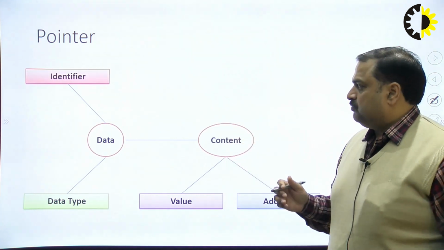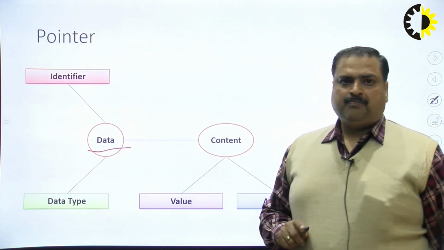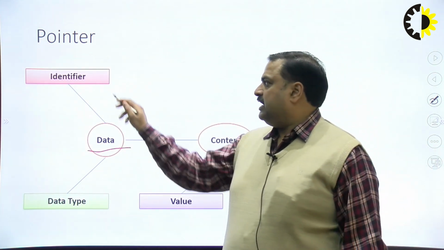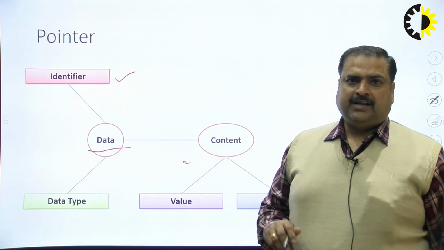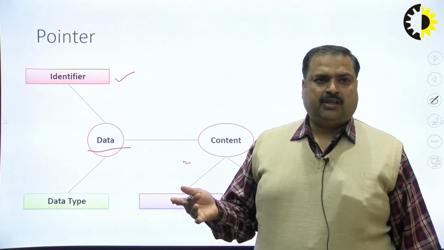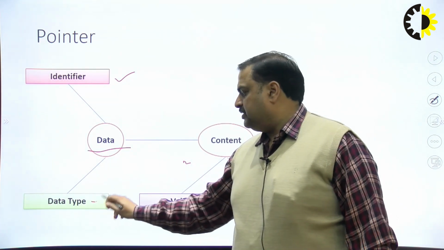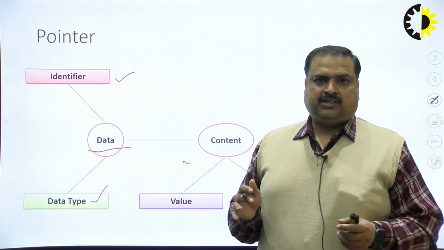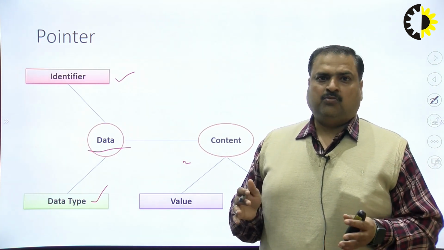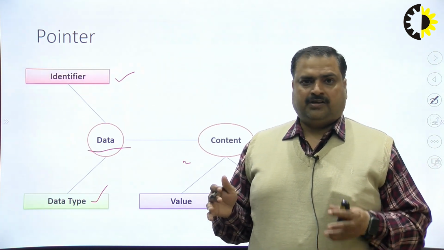So, what do we store? We store some kind of data into the memory. Every data has some identifier associated with it. Identifier is just the name given to that particular data, and a data type is also associated with the data, because this data type will decide how much memory will be required for that particular data.